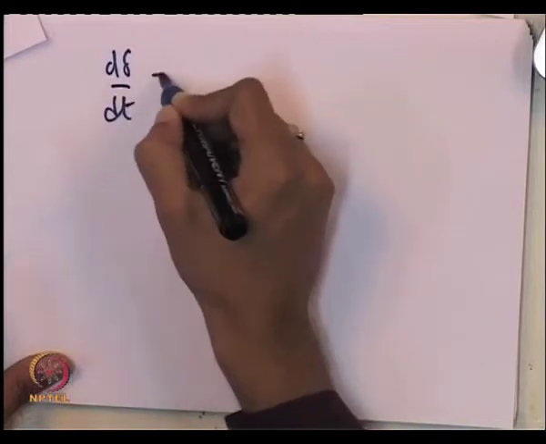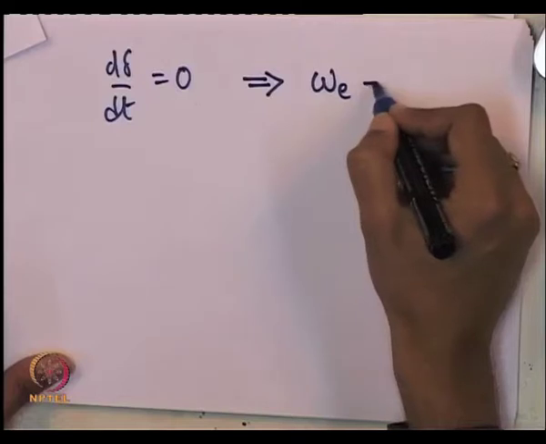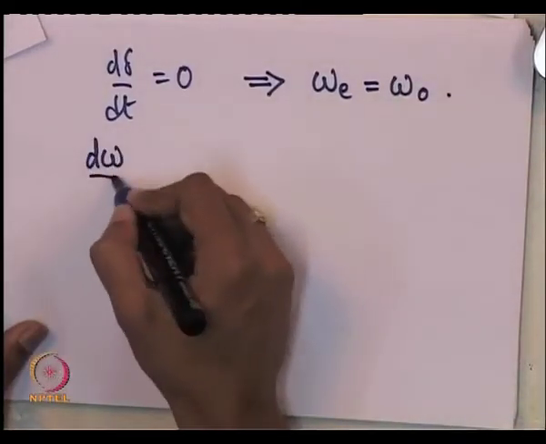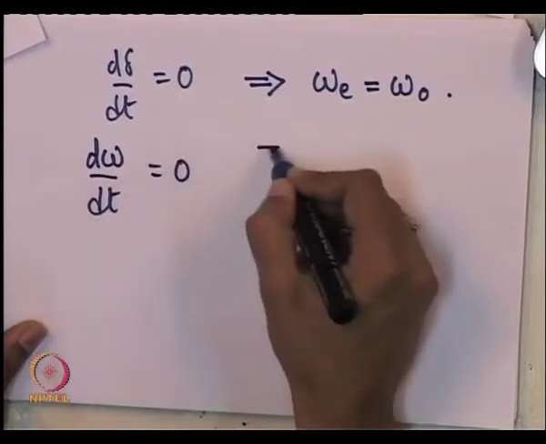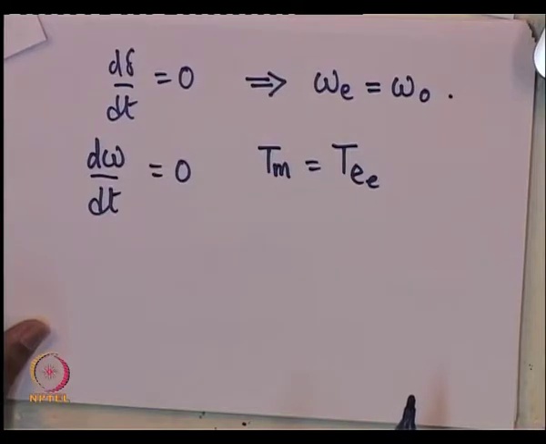So, if I set d delta by dt equal to 0, we get the equilibrium value of omega should be equal to omega naught. Also, by setting d omega by dt equal to 0, we get T m should be equal to the equilibrium value of this.